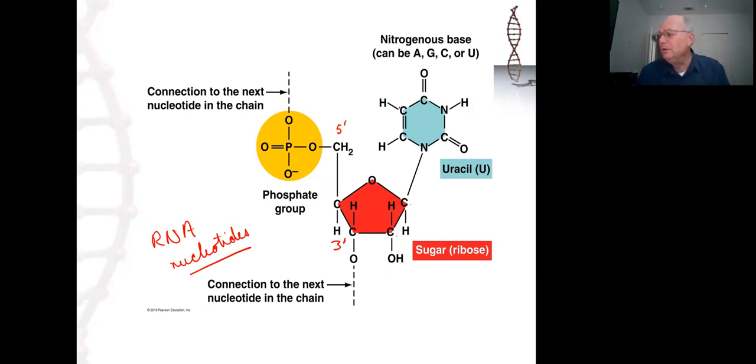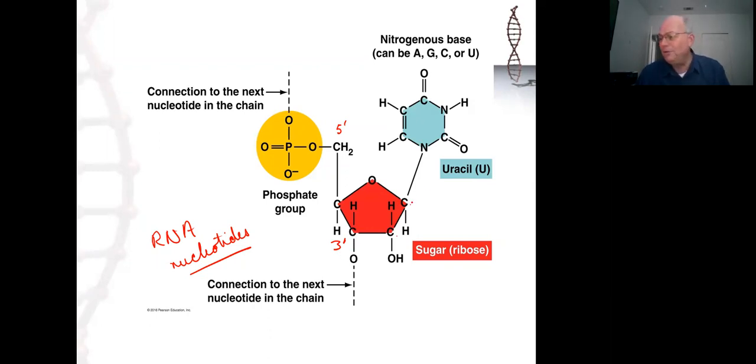Well, if you look at the nitrogenous bases, you can see that there are carbons there as well. And so the chemists who first deciphered all of this decided that in order to be able to differentiate between the carbons of the sugar versus the carbons of the nitrogenous base, the sugars would be given the prime designation.